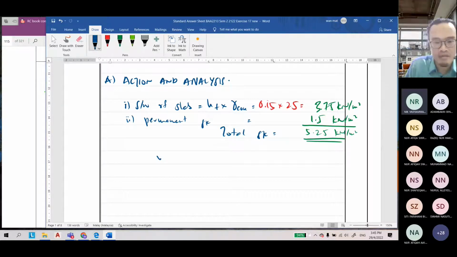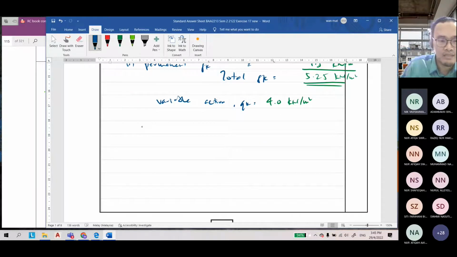And then the variable action qk is given as 4.0 kilonewton per meter square. So the design action, we can simplify it. You don't have to waste your time.